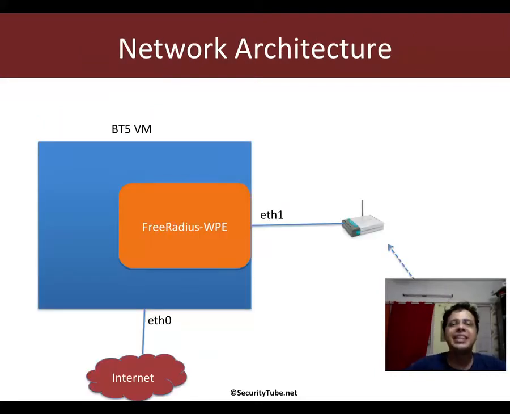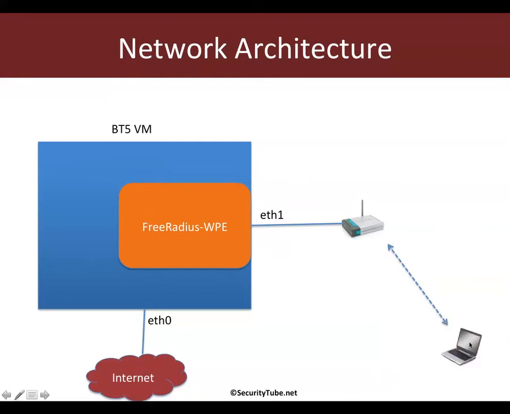So what will be the network architecture? Well, we are going to have a new Backtrack 5 VM in which FreeRADIUS-WPE is going to run, and it is going to be connected via an Ethernet connection to the access point, and then you would have a client.